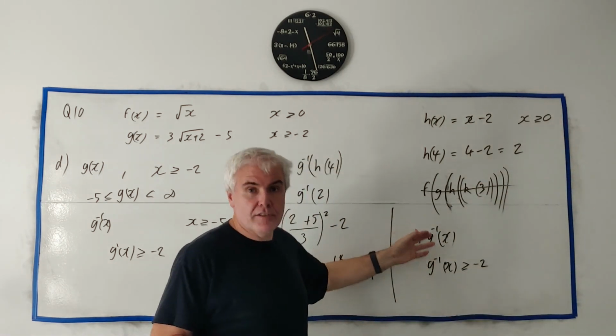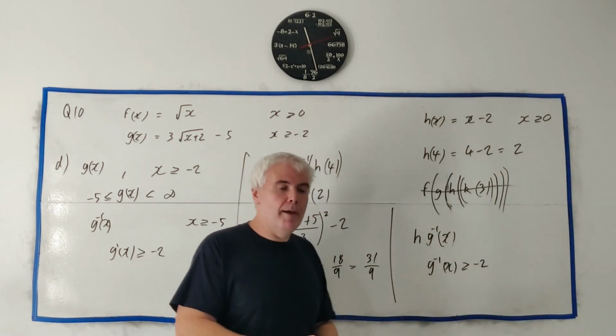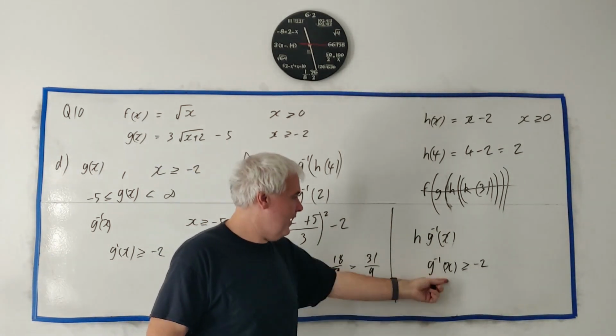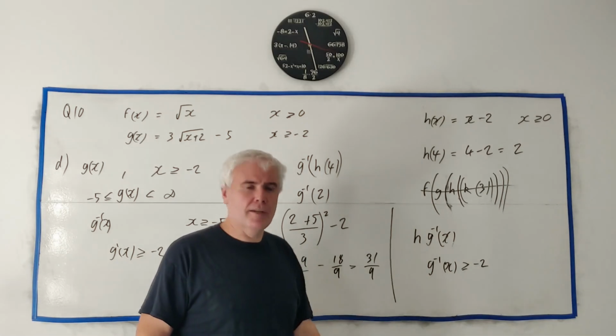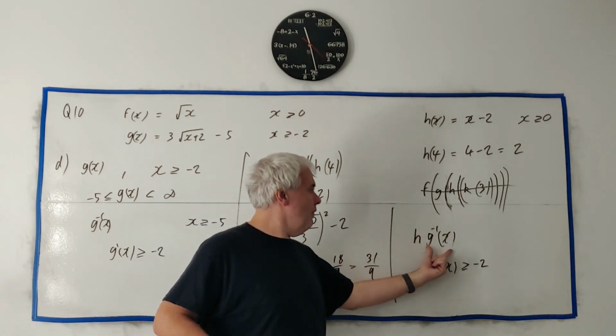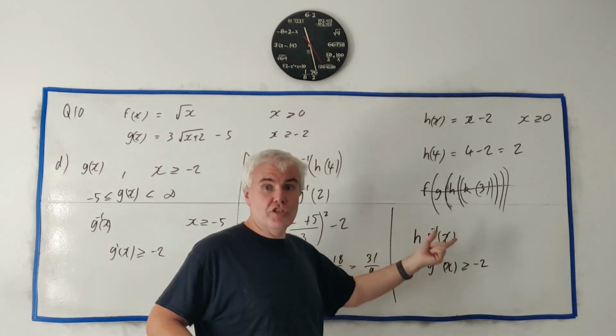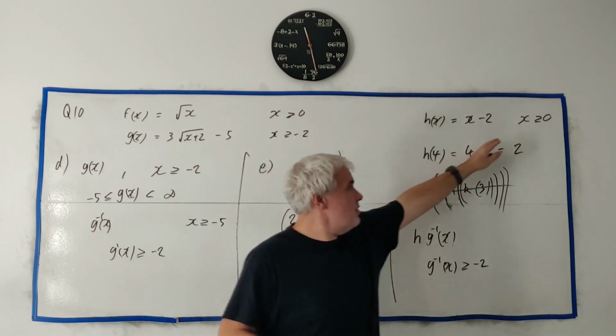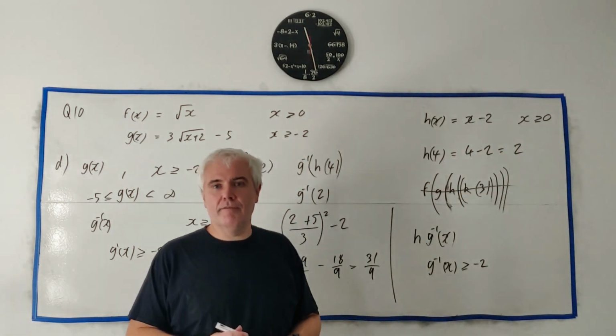Think of these as machines, a few machines in a row. You have to trust the previous machine won't break the next machine, and that's what happens here. It breaks the next machine. What do you write as the answer? The range of inverse g is not compatible with the domain of h. That'd be full marks there.